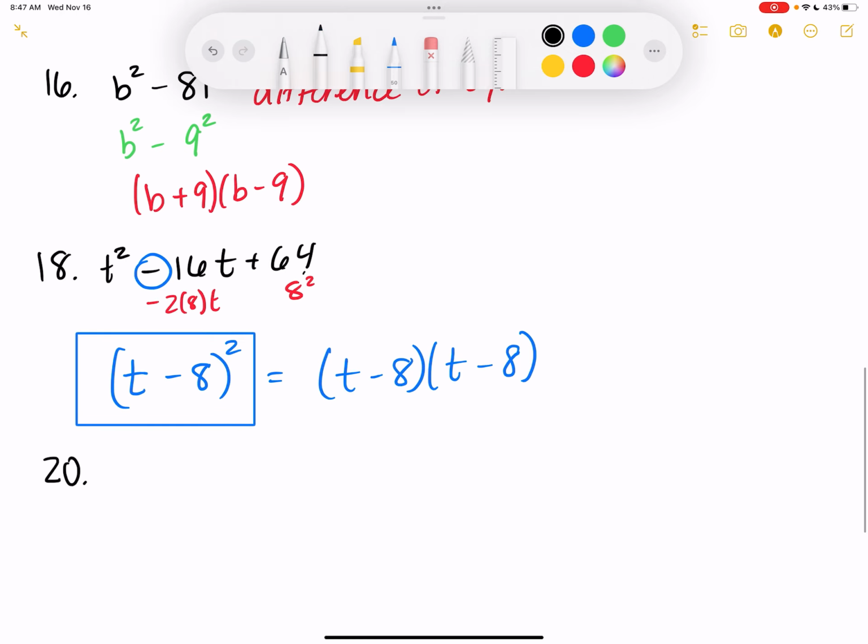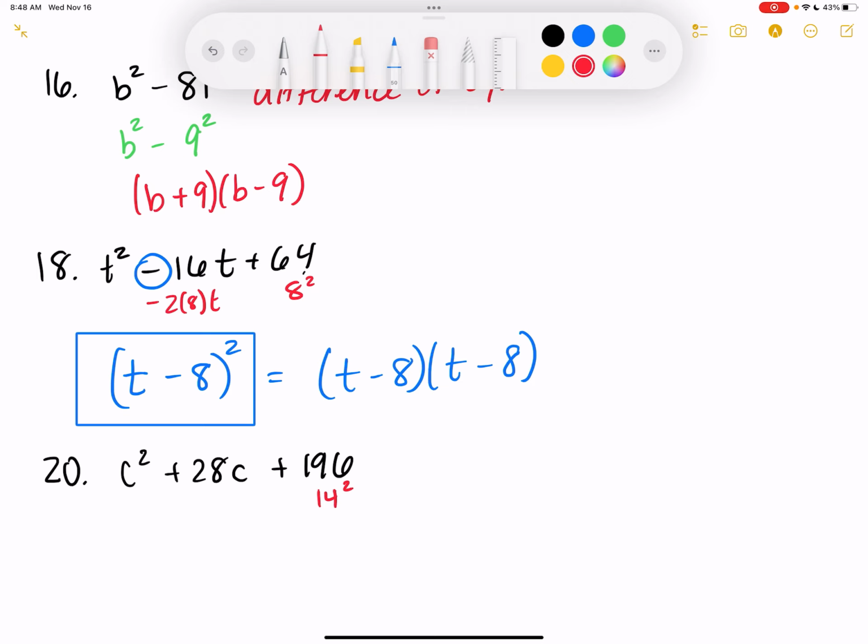All right, 20c squared plus 28c plus 196. So what is 196 a perfect square of? 14. So this is 14 squared. I told my Algebra 1 class, you need to at least know up to 13. 13 is 169.